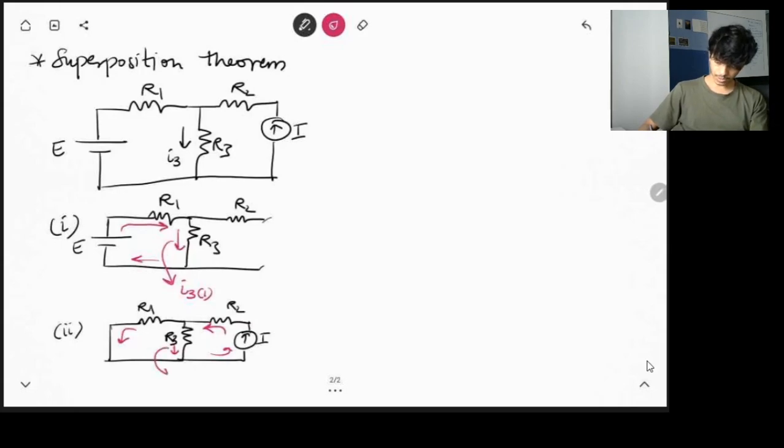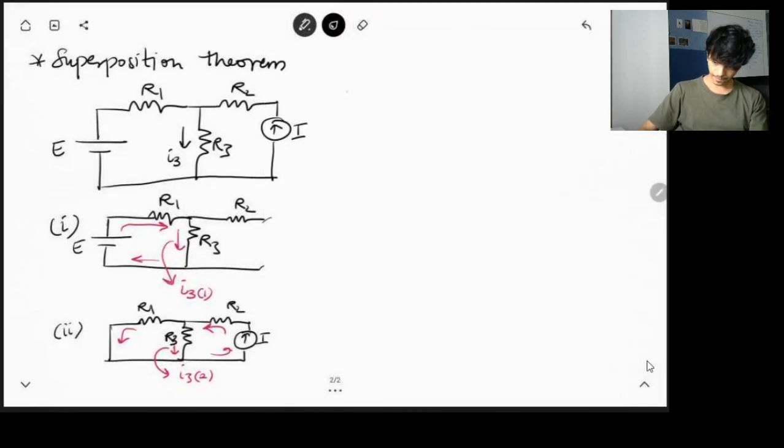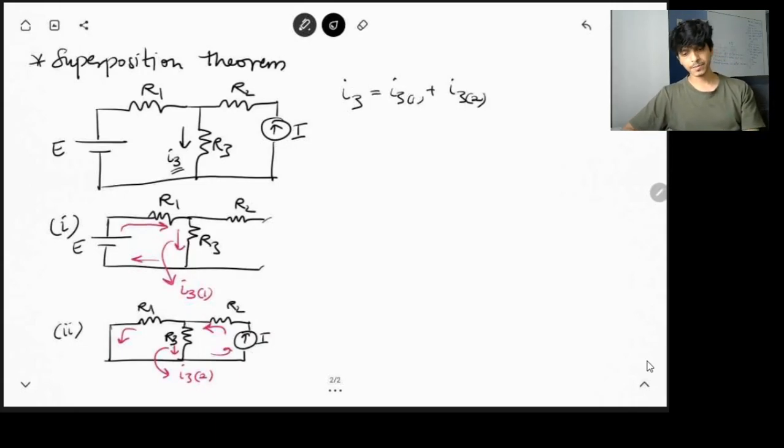So now let's call the current in this branch I32. And then what the superposition principle tells us is that I3, which we wanted to calculate, is simply I31 plus I32. So the current in any branch of the circuit is just a sum total of the different sources taken one at a time. That is the superposition theorem.